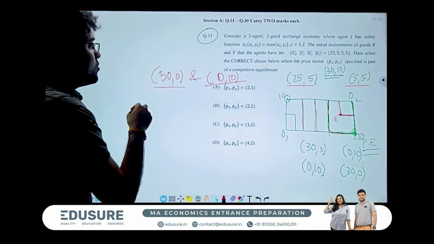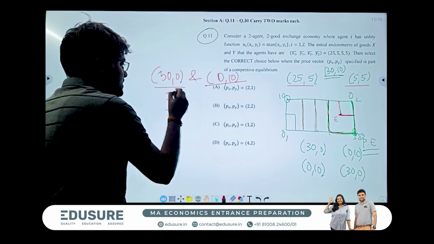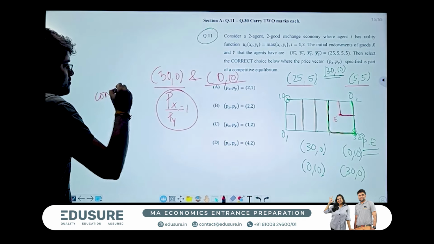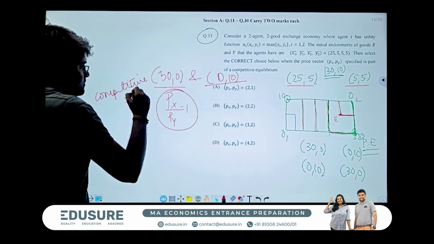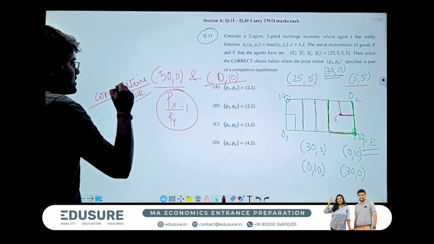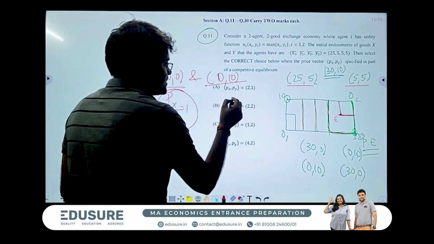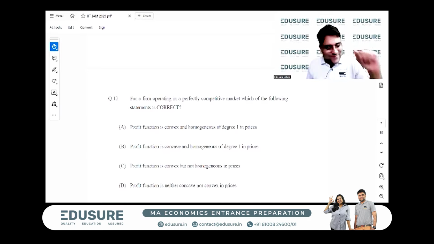It will go to a price where Px by Py is equal to 1. This is going to be the competitive price. So Px by Py is equal to 1. Px, Py is equal to 2,2. Answer is B.